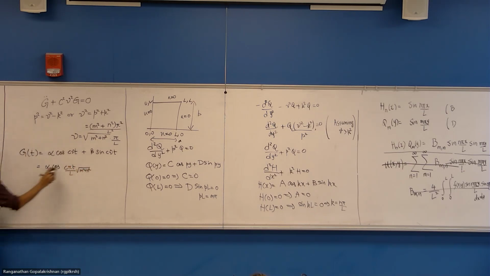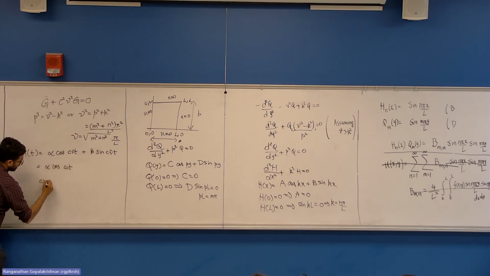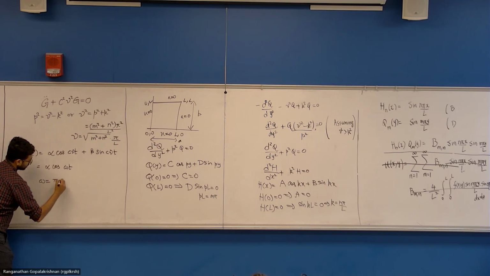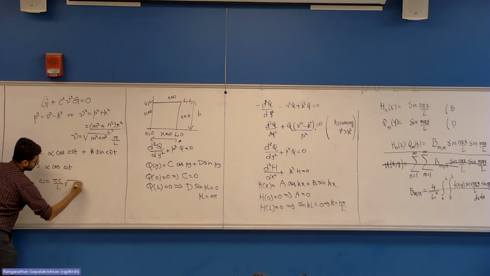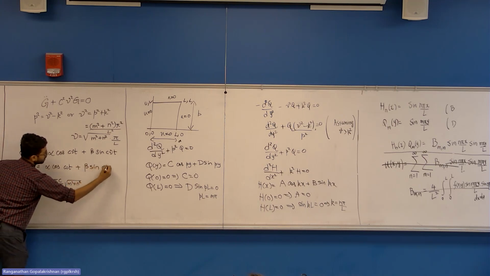We'll write it as omega t, where omega equals c pi over L square root of m squared plus n squared, so we have alpha cos omega t plus beta sine omega t.